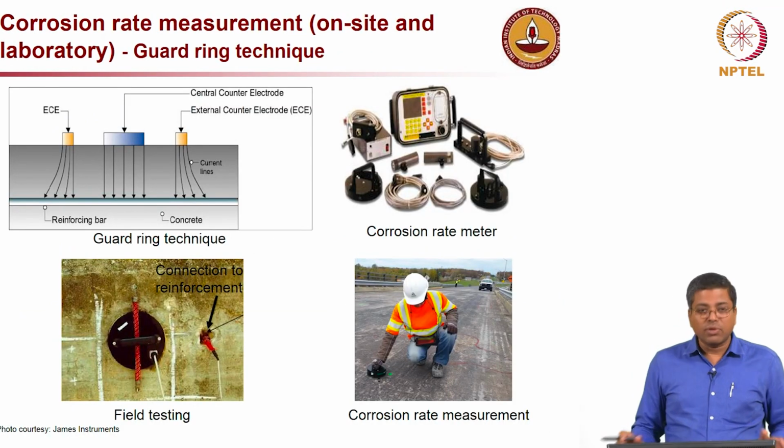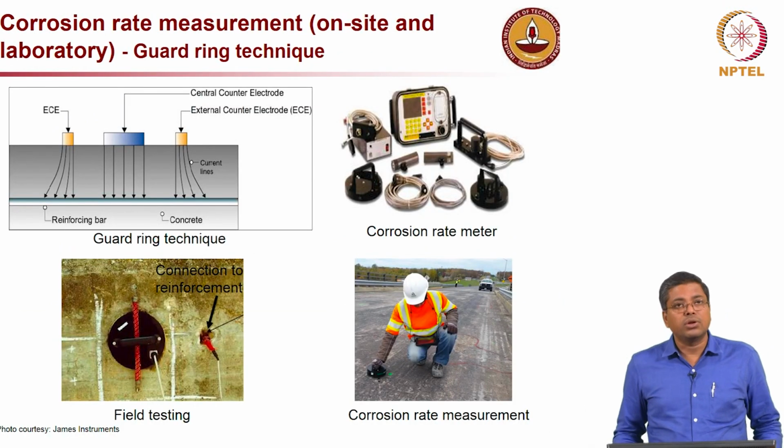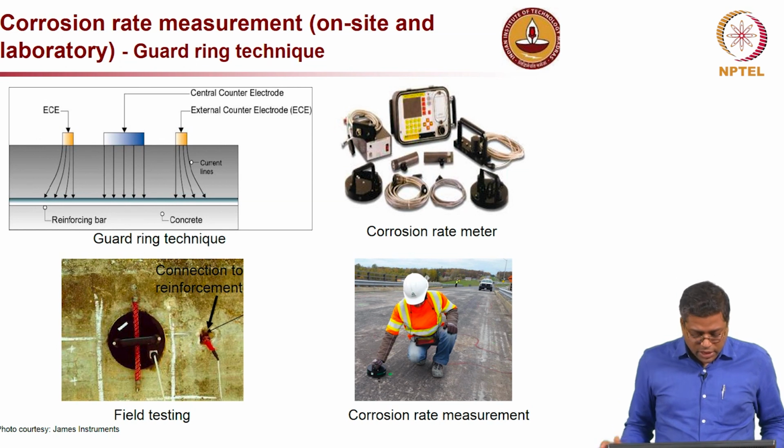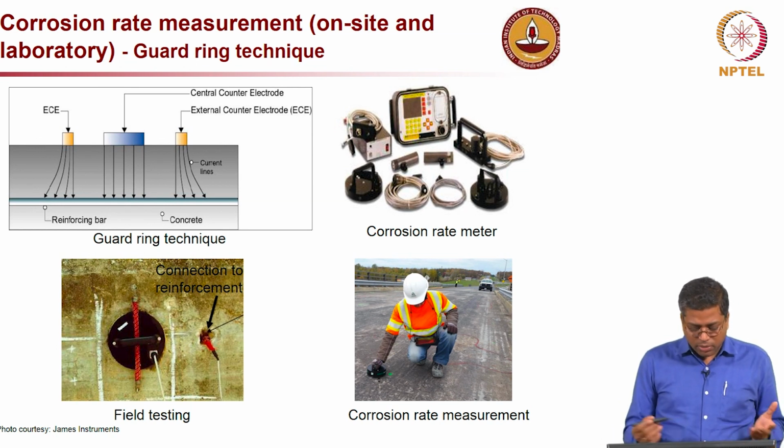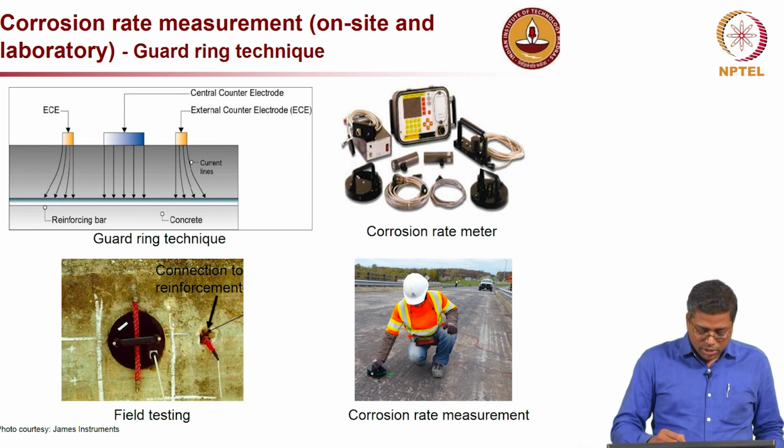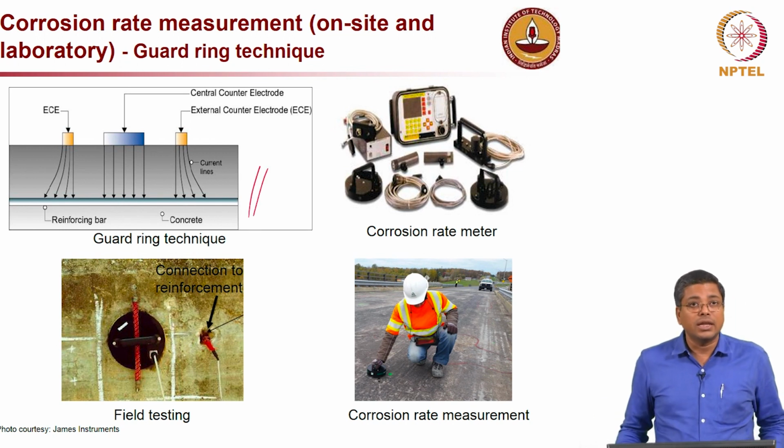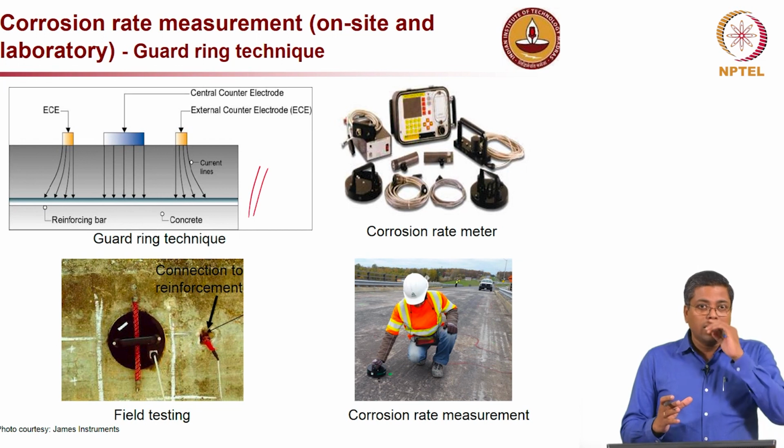These are some of the techniques available to determine the corrosion rate, and most of the available instruments are based on the guard ring technique, where the area of measurement is confined.